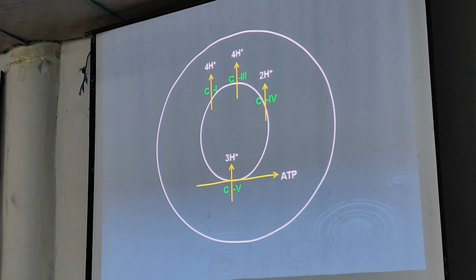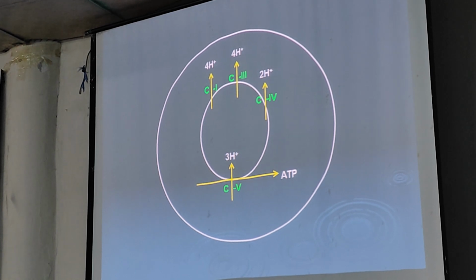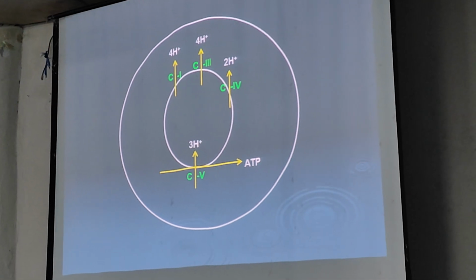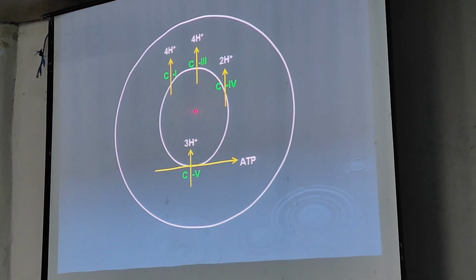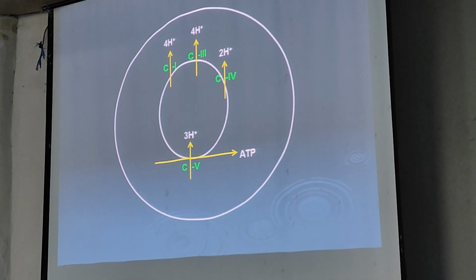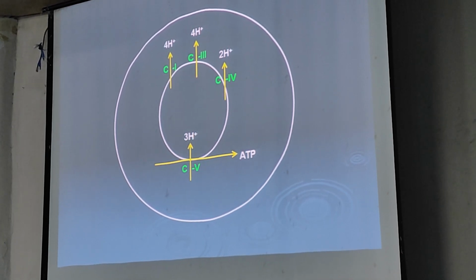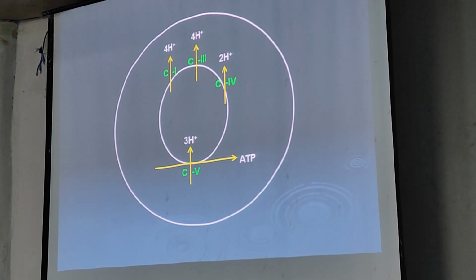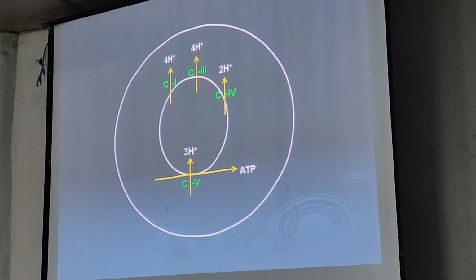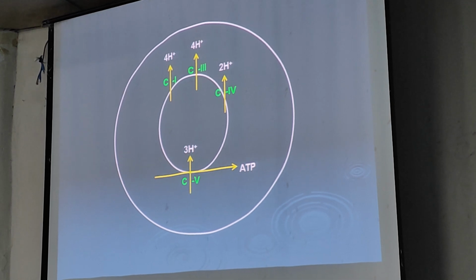So automatically there is generation of a high proton gradient. In the intermembrane space there is a high proton concentration, and within the matrix there is low proton concentration. So there is a favorable concentration gradient of protons from the intermembrane space to the mitochondrial matrix.